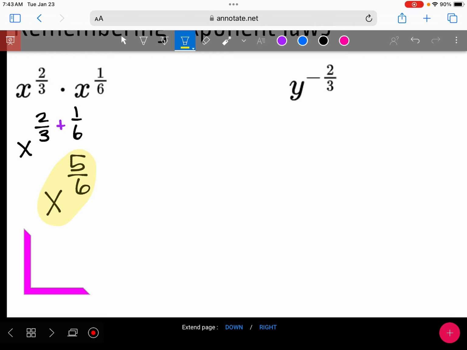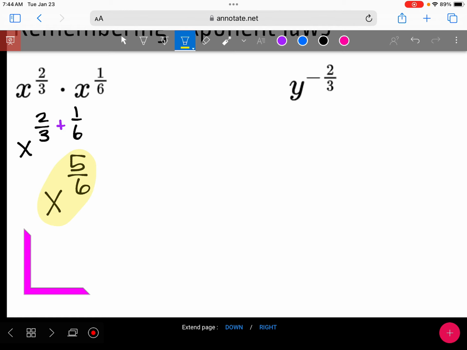What does a negative exponent mean? What do I have? x to the -2. A negative exponent is going to make it flip. It's going to go upside down.